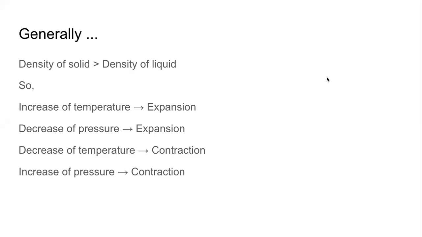In normal cases, where density of the solid is more than the density of the liquid, increase of temperature or decrease of pressure leads to expansion, increase of volume. Decrease of temperature or increase of pressure leads to contraction, that is decrease of volume or increase of density.